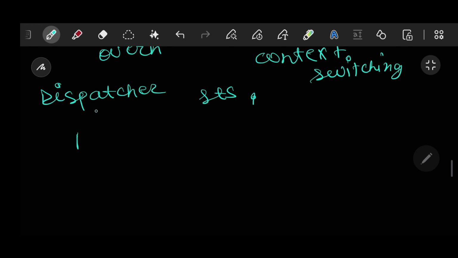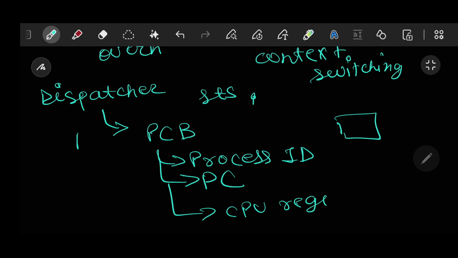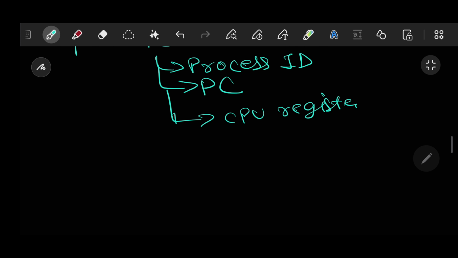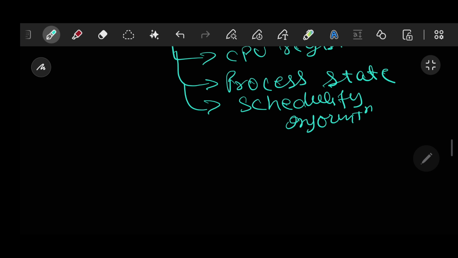So the dispatcher stores the data which was inside the CPU into the PCB. The PCB stores the process ID, PID, program counter, CPU registers, process state, scheduling information, and link information. This is the complete information about CPU scheduling.